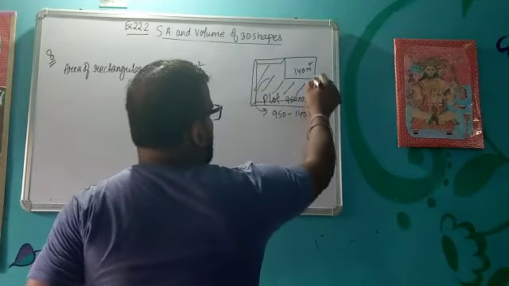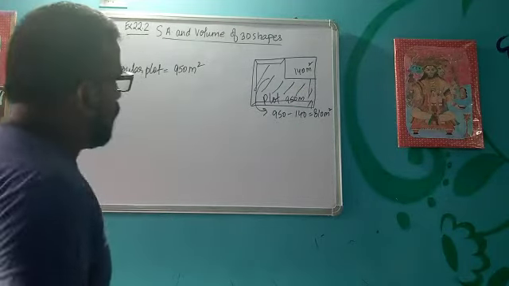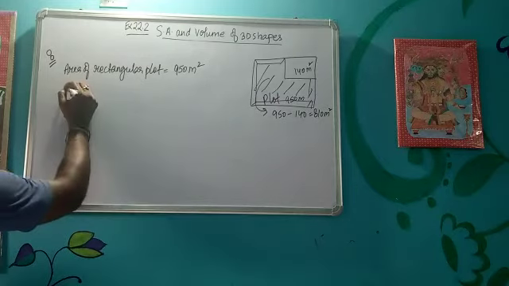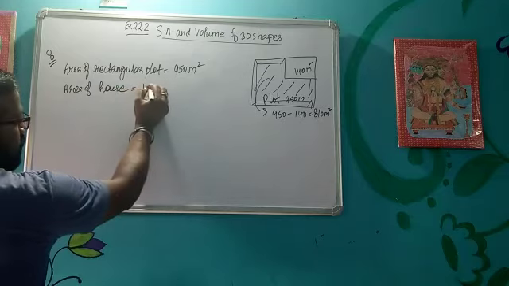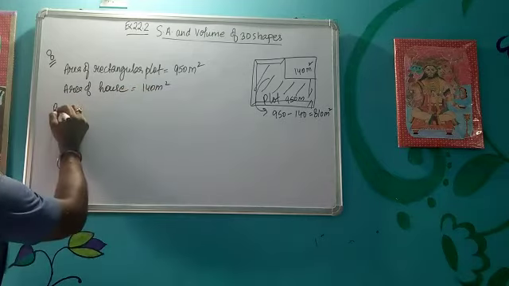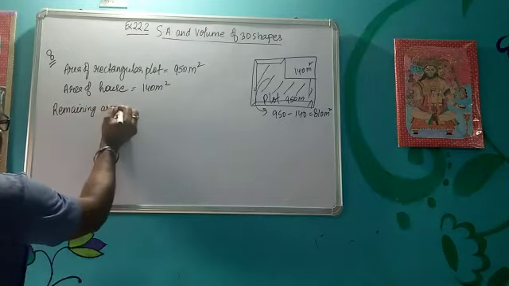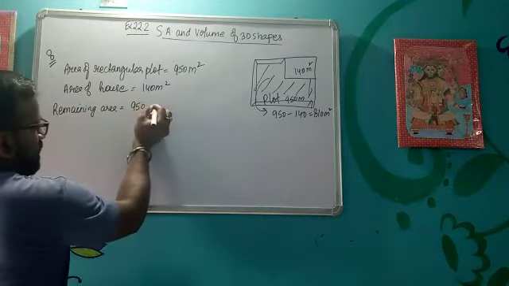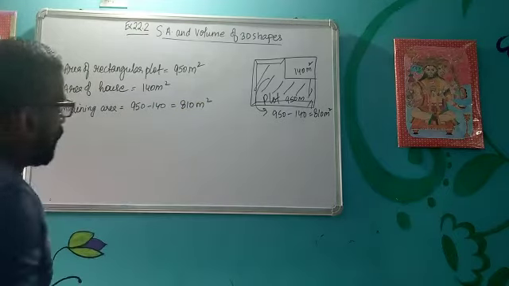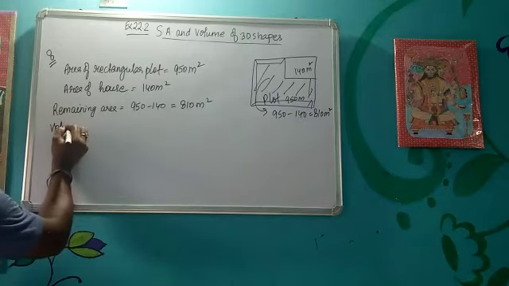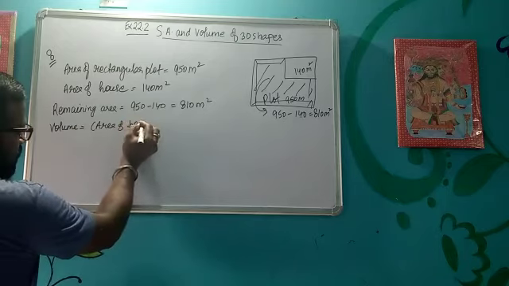So what we have to calculate? We have to calculate how much soil is needed. So for that, the area of the house is 140 meters square. So we have to calculate the remaining area. So the remaining area will be 950 minus 140, that is 810 meters square. Now we know that the formula of volume is area of base into height.